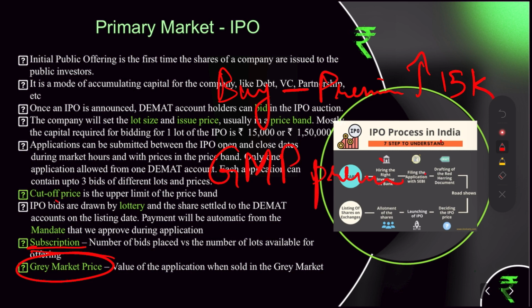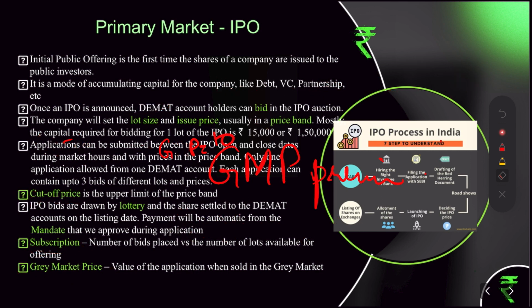Higher the premium, if this is the IPO price, higher the premium, higher will be the listing price. If this is GMP of, let us say, 10 rupees, the listing price will be here. For a GMP of 22 rupees, the listing price will be a bit more higher. So this is how you assess the demand of the IPOs and enter into good performing IPOs.